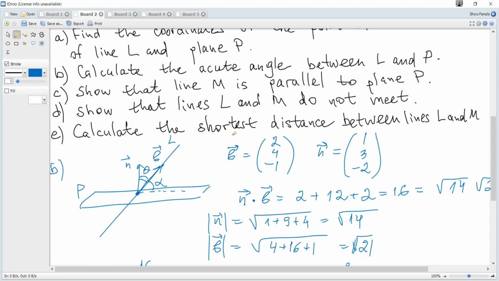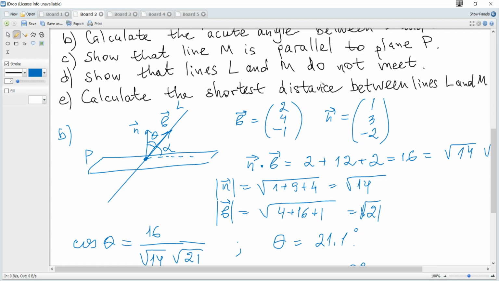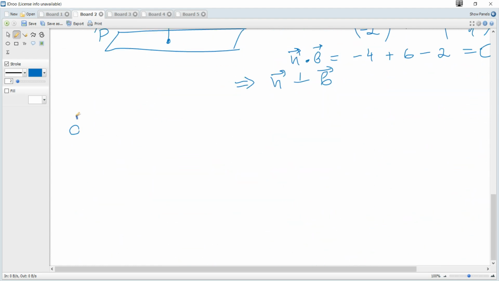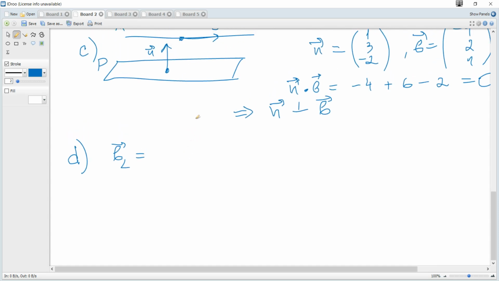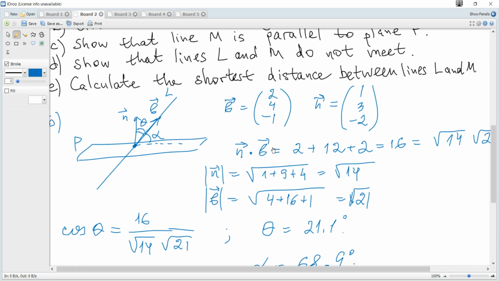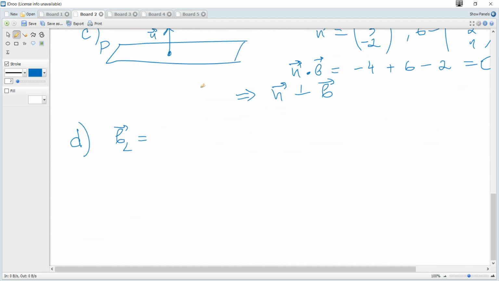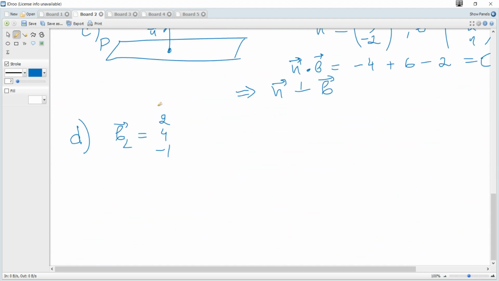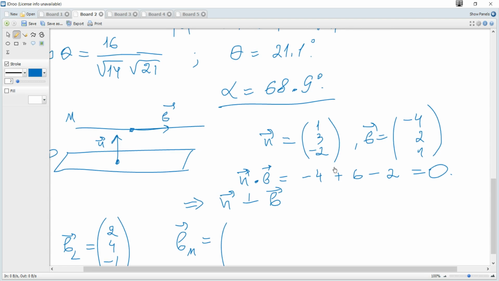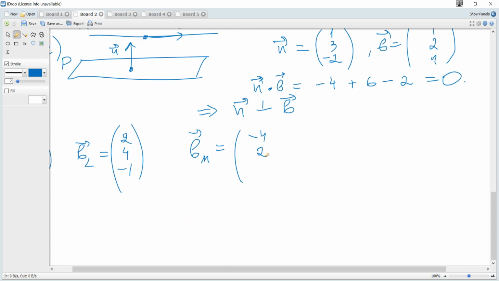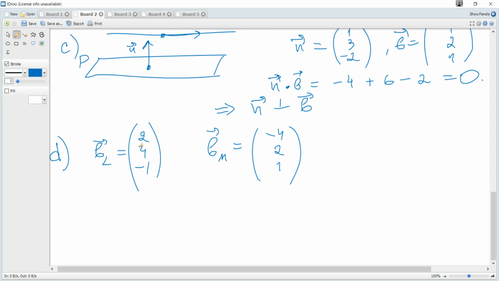D, show that lines L and M do not meet. It means do not intersect. The direction vector of line L is 2, 4, -1, and the direction vector of line M is -4, 2, 1, and we can see that coordinates are not proportional.